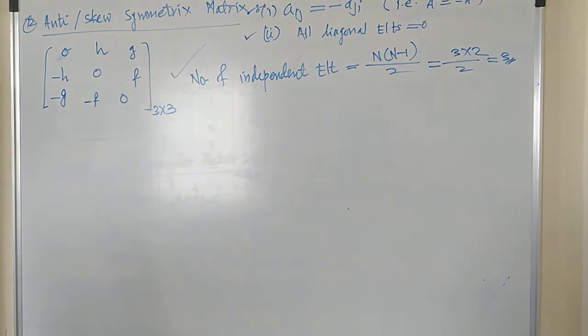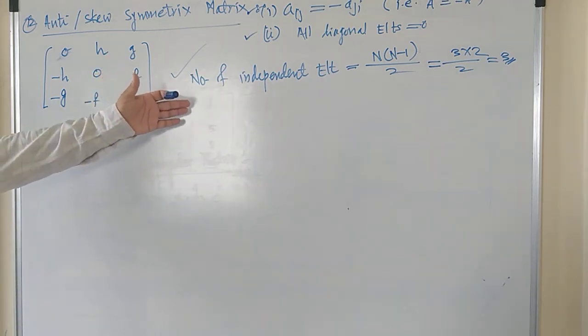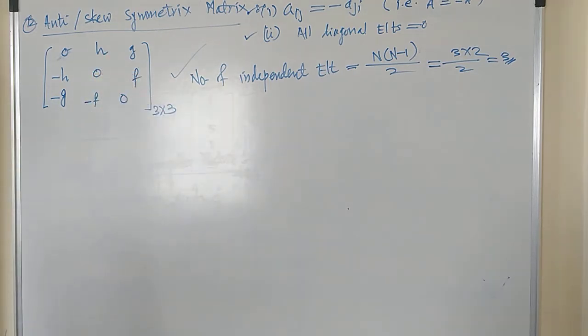So the number of independent elements in case of anti-symmetric and skew symmetric matrices is 3. If only the order of the matrix is given to you, you can find out the number of independent elements for the skew symmetric matrices.